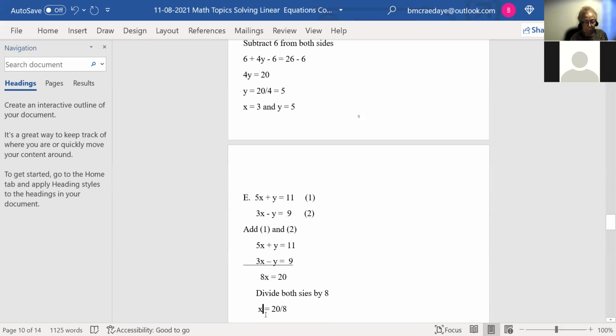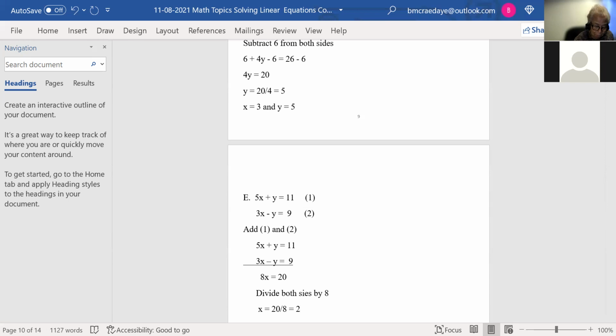As a fraction, or you can write it as a decimal, 2.5. So 20 divided by 8 is equal to 2.5.